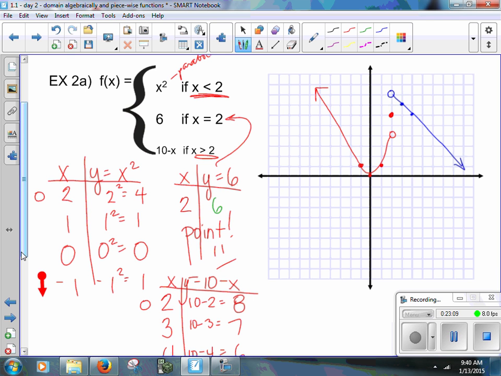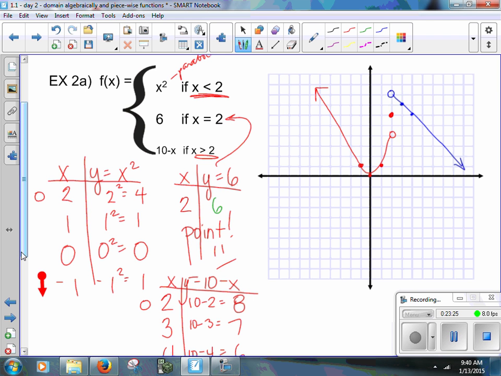I have to show what it's getting annoyingly close to, and I show that it's getting close to 2 with that open circle. Does that make sense? Any other questions?